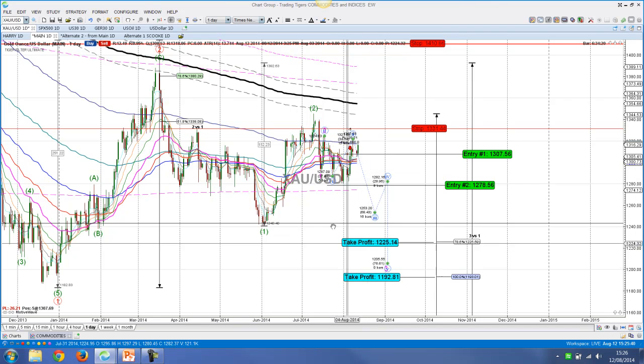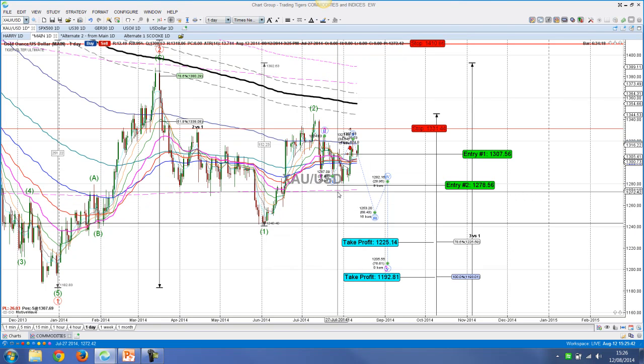Thereafter, we've broken the wave structure down into the various minute degree, that's blue and in Roman numerals and in circles.